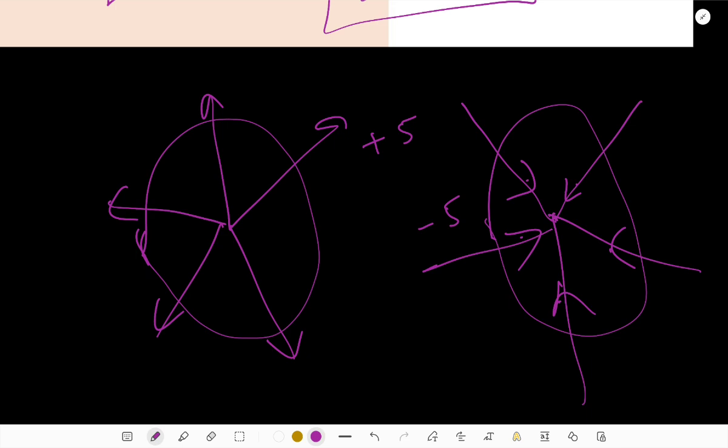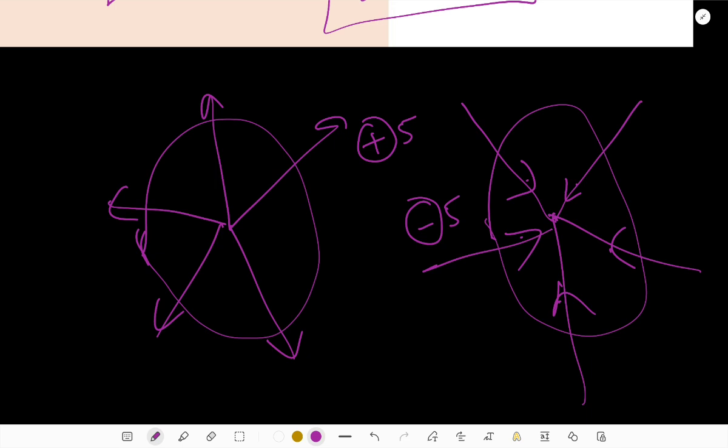This is beyond any logic. If you think, the plus and minus sign is some kind of notation that suggests whether the field lines are coming out of a closed surface or going inside the closed surface, nothing else.